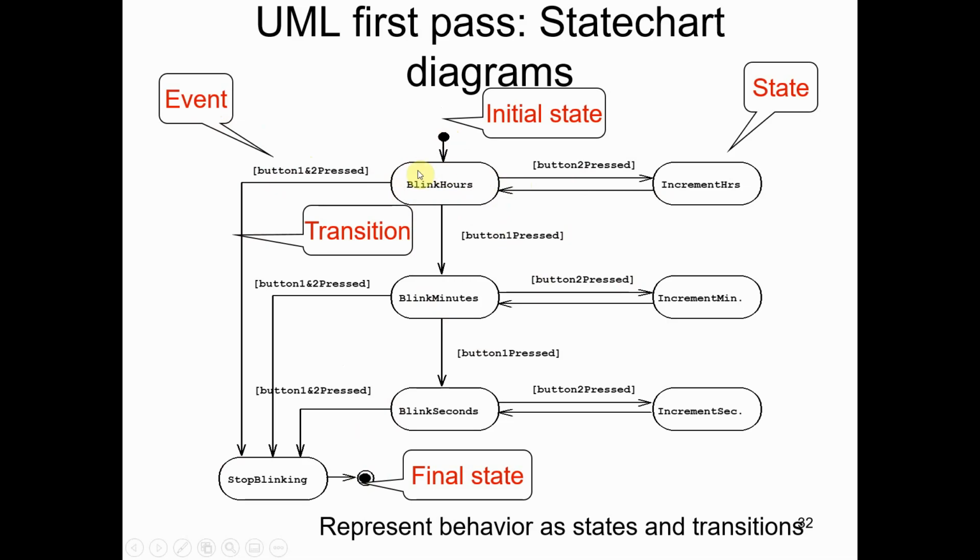This implies that when the object is in this state and this event happens, which is actually a function call, it will go to the next state. It's called stop blinking, and then after this state it goes to the final state.